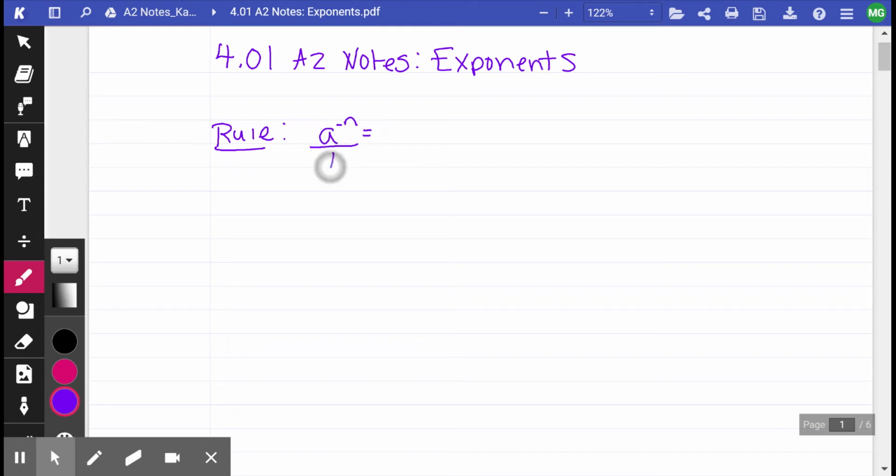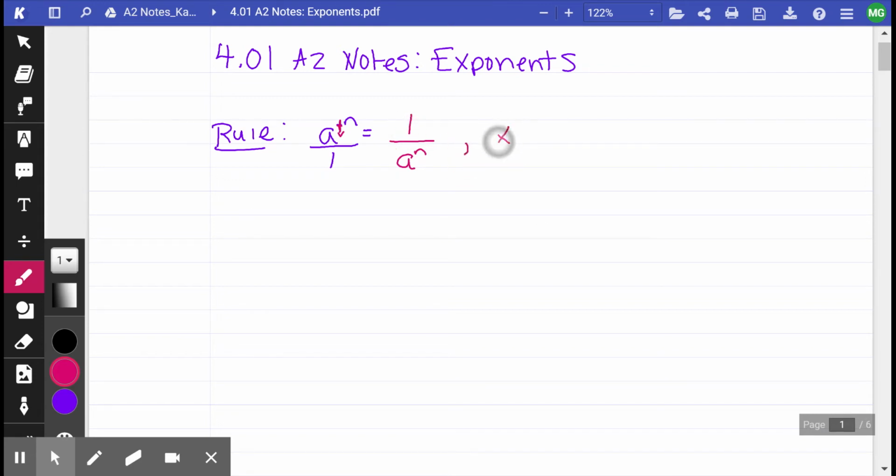I know sometimes in middle school they talk about putting it over 1, and think about making this negative exponent into a plus with an arrow through it. It's going to go to the opposite place. So if it's negative and it's in the denominator, it'll go up to the numerator. Just take the reciprocal. If it's negative in the numerator, like it is here, it'll go to the denominator and become positive. There's nothing left in the numerator, so it must be a 1.